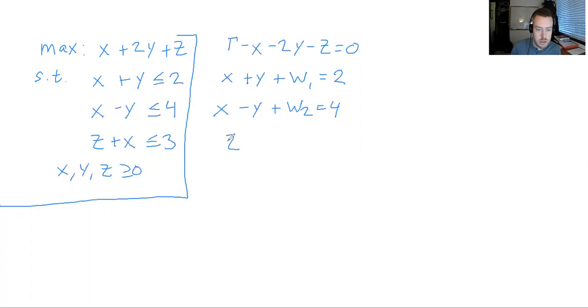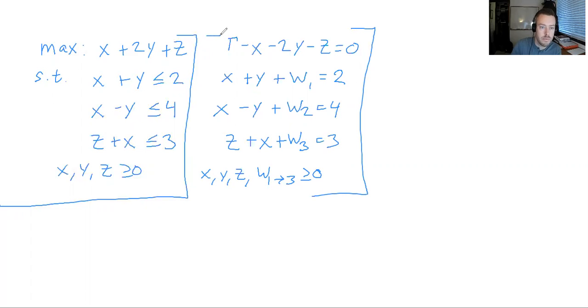Last one is z plus x plus w3 is equal to 3. And last but not least, x, y, z, and w1 through w3 are all greater than or equal to 0. Right, so this is sort of our thing here.